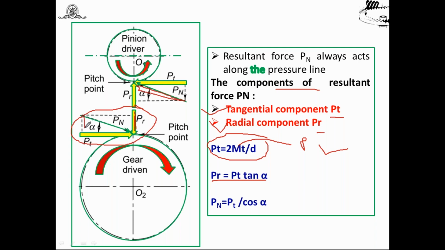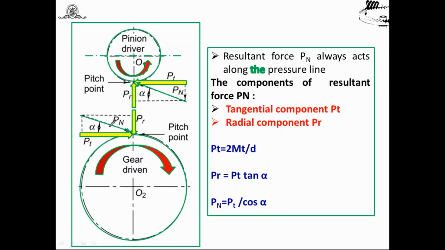If I am going to find out, tan alpha is equal to PR upon PT, simple. So I have written here PR upon PT is equal to tan alpha. Therefore, by using the geometry, trigonometry, you will get PR is equal to PT tan alpha.